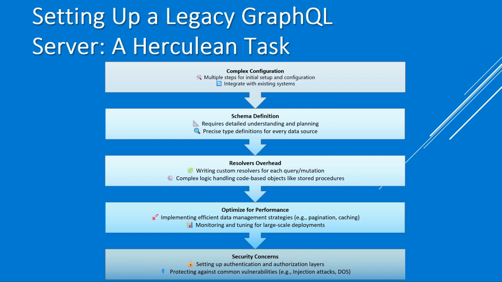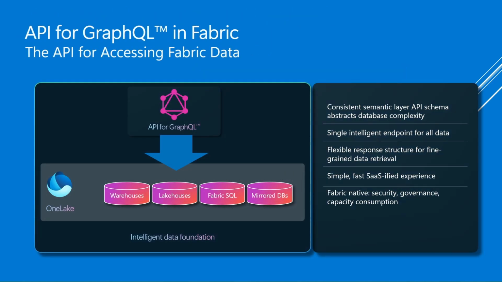And how are we solving this problem in Fabric? Well, we're basically taking care of all of that for you with API for GraphQL. So we take care of schema generation, resolvers generation, security, and monitoring, and all of that for you. So basically, you take advantage of all the Fabric goodness.